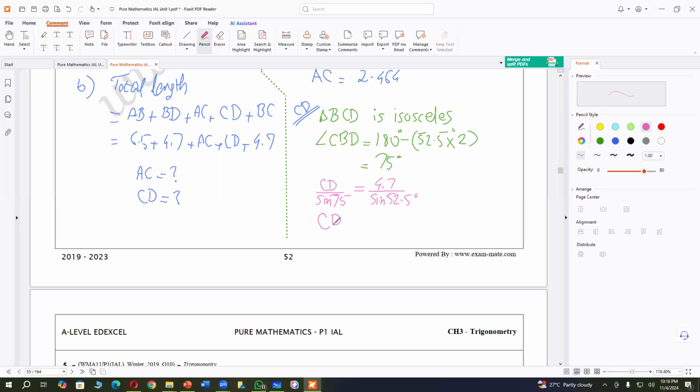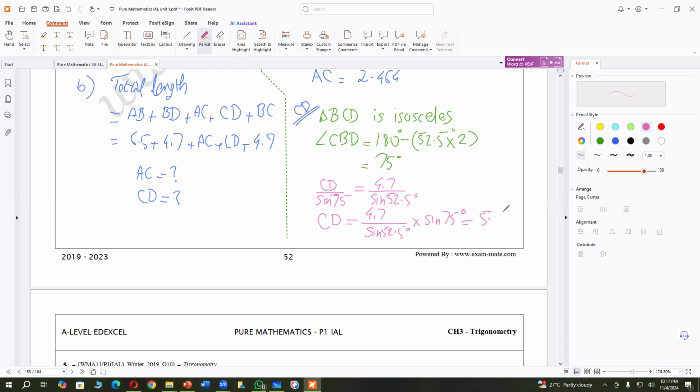If you find CD, it will be 4.7 upon sine 52.5 into sine 75. So see what CD comes in. CD, I got 5.7. How much? 5.7.